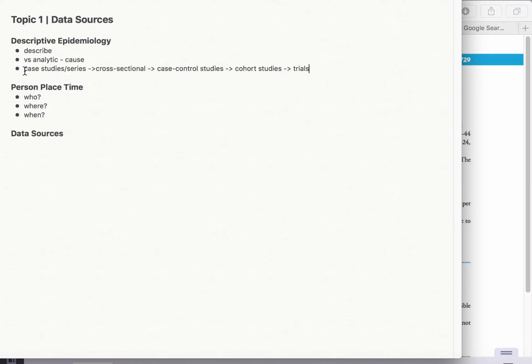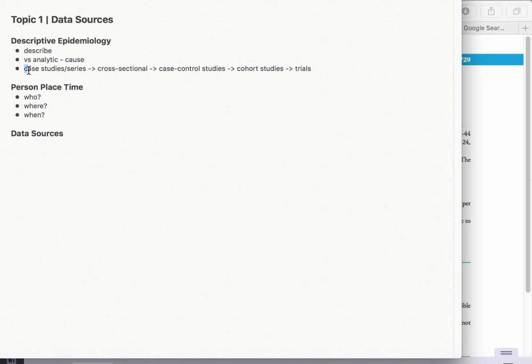Often the progression of people learning about things starts with noticing with a case study or a case series, moving on to some kind of a survey, doing a cross-sectional survey of some kind, be it an ecologic study or studying individuals, and then we start trying to figure out what's causing this thing that we're noticing.